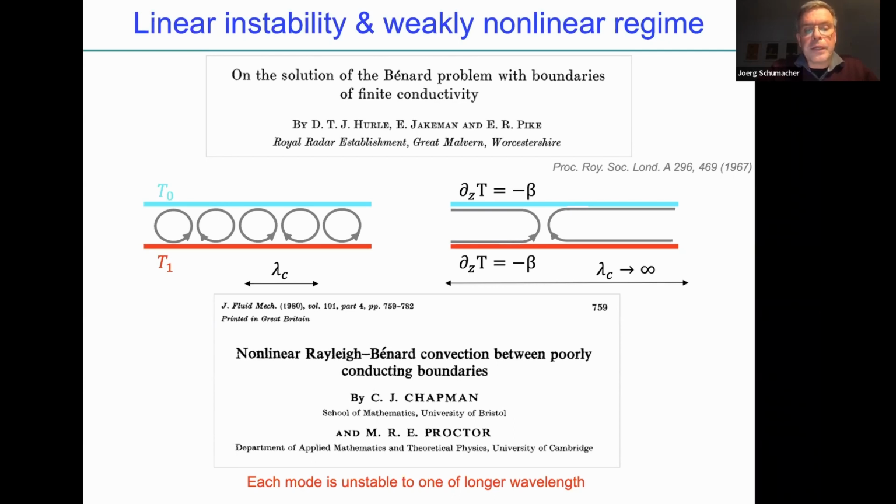And what they figured out is that in this weakly nonlinear regime, again, for the constant flux boundary condition case, each mode is unstable to a new mode at a larger wavelength. So there is a kind of upward hierarchy.